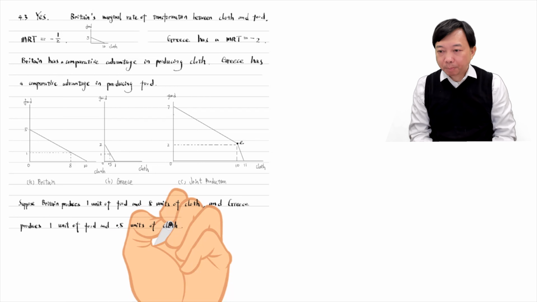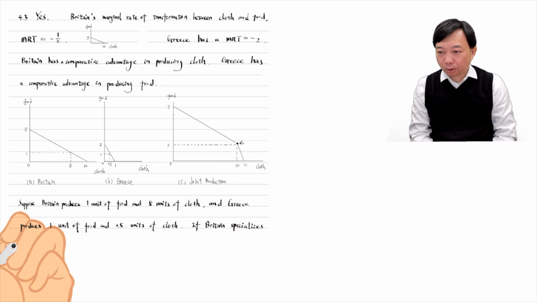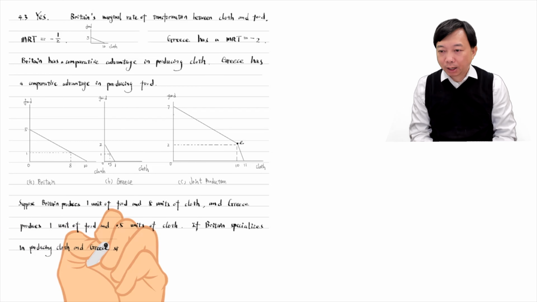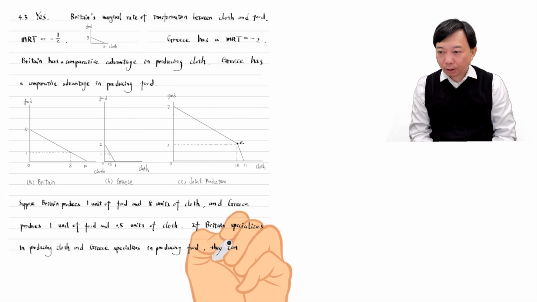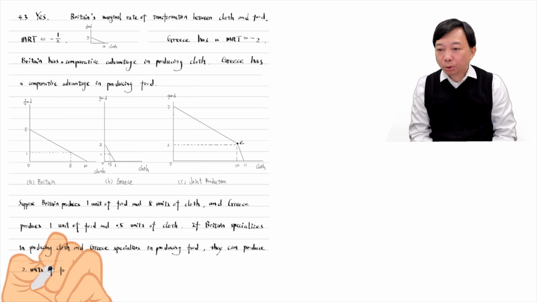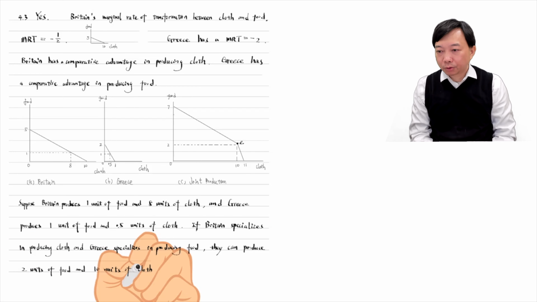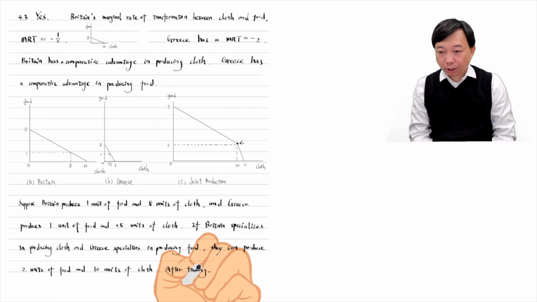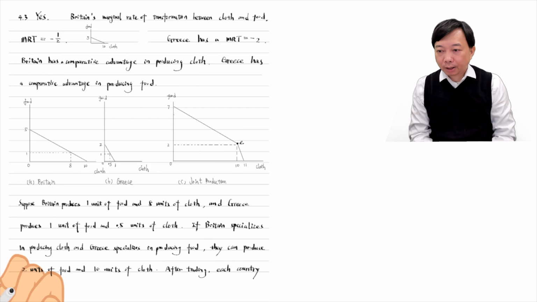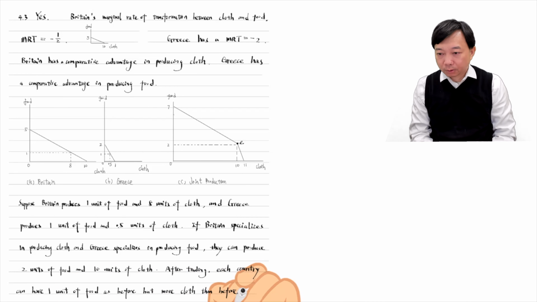If Britain specializes in producing cloth and Greece specializes in producing food, they can produce 2 units of food and 10 units of cloth at point E. After trading, each country can have 1 unit of food as before, but more cloth than before. They are better off after using their comparative advantage and trading.